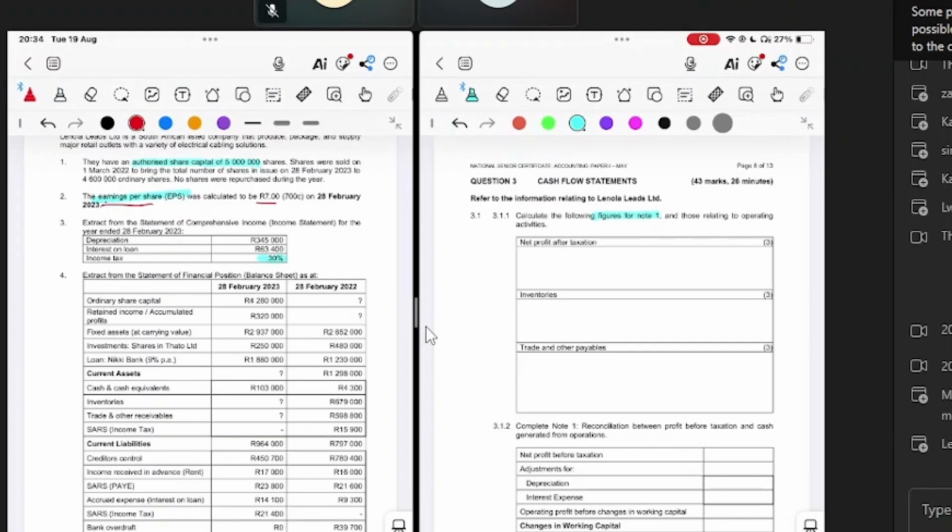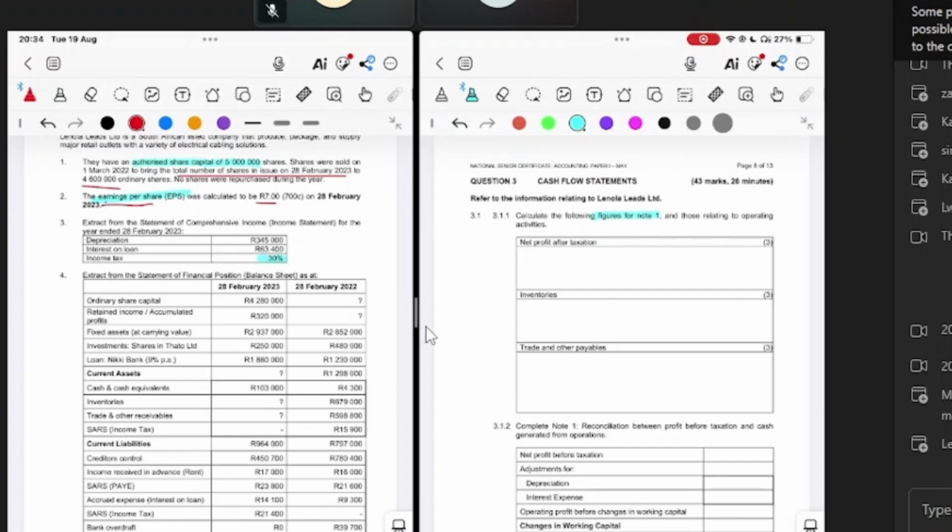Now, if you know your EPS calculation, to get your EPS, you take your net profit after tax, divide by the number of shares in issue. So that means we need to know how many shares we have in issue. They're telling us that the total number of shares in issue on the 28th of February 2023 is 4.6 million.